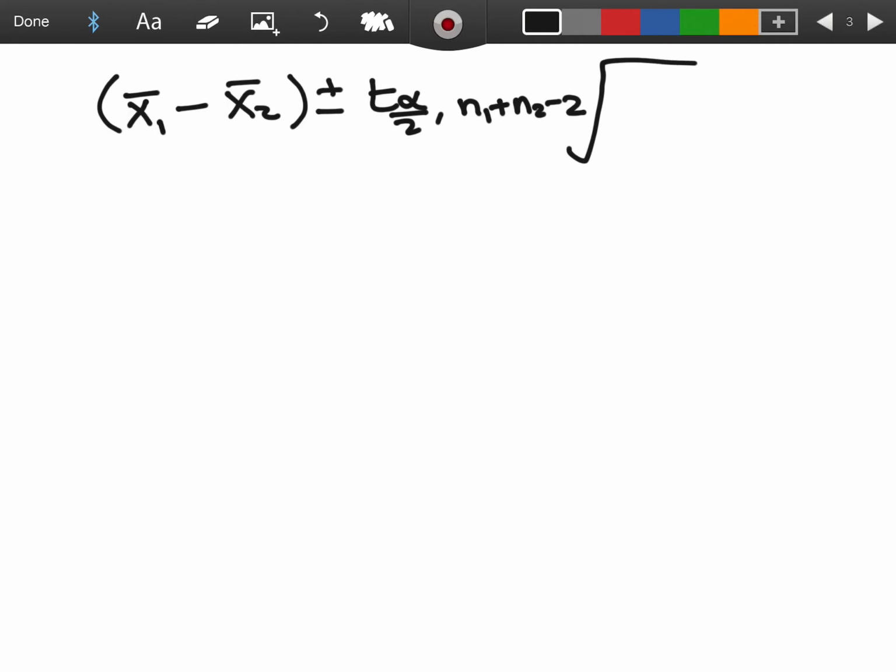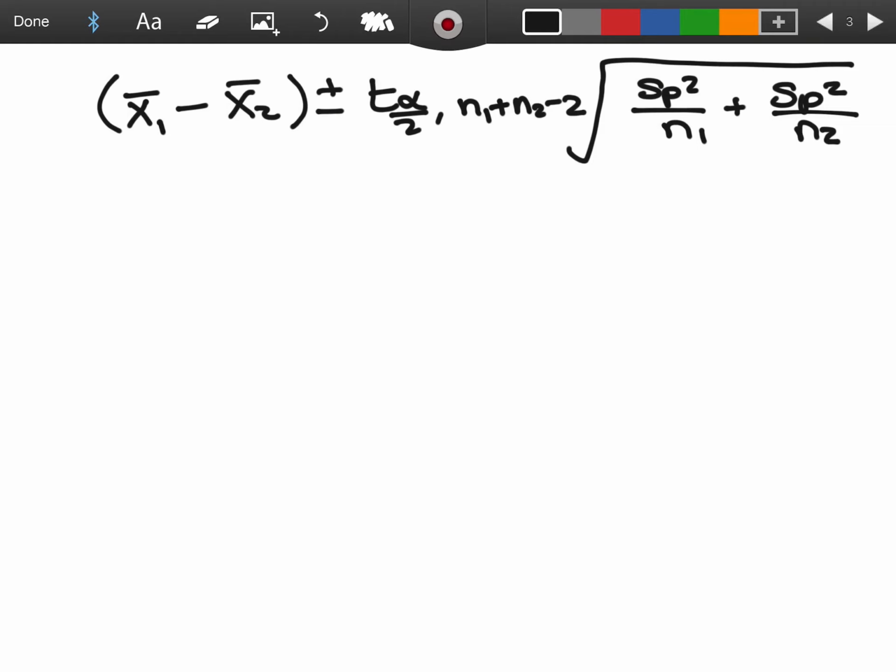I'm going to do this assuming that we have pooled those sample variances. So let's say that this is your interval. This is your confidence interval.